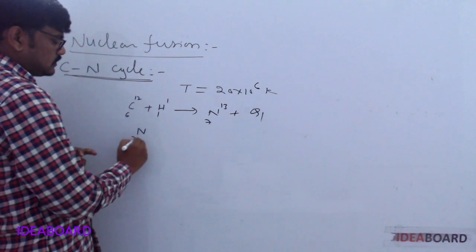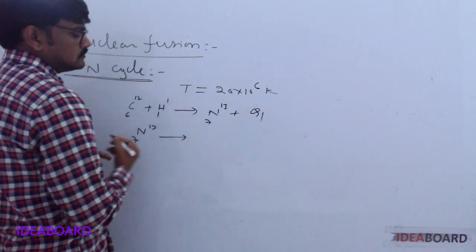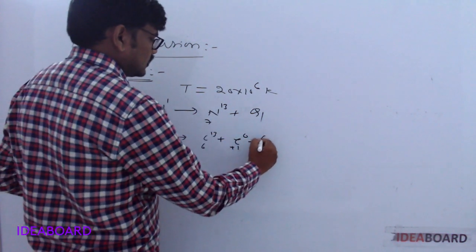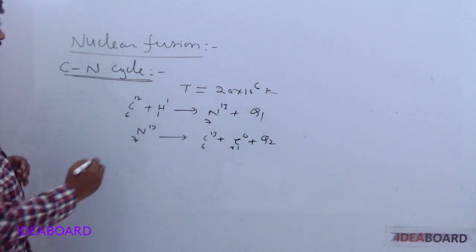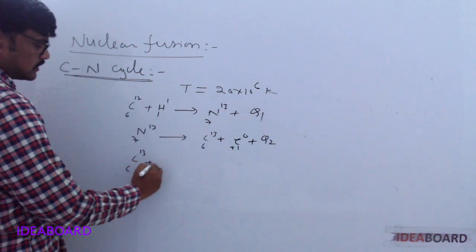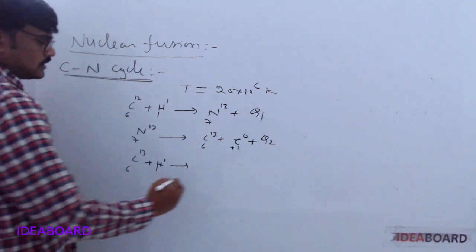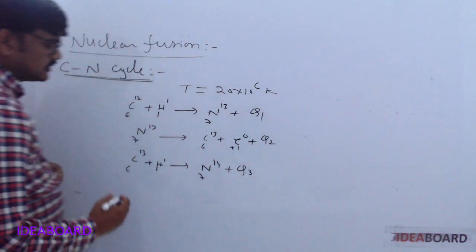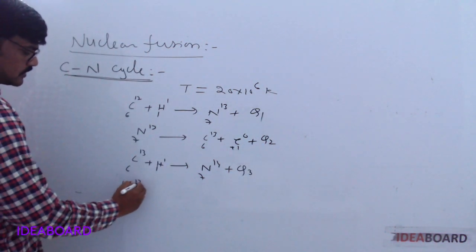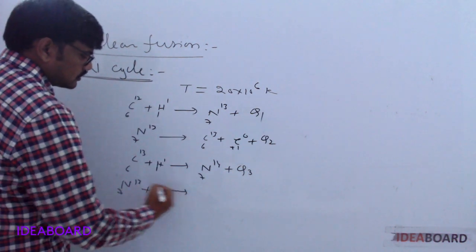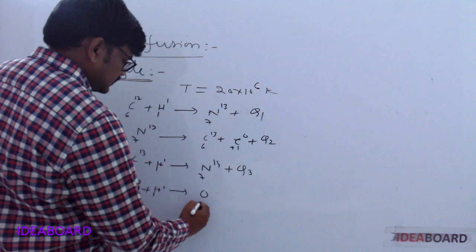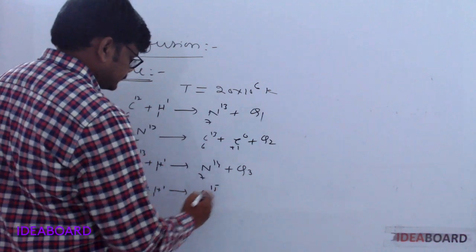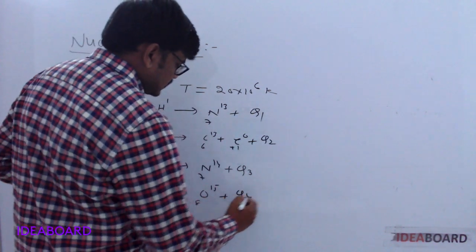Again nitrogen-13 becomes carbon-13 and release of one positron and some energy, we say Q2. Again carbon-13 combined with one more proton gives nitrogen-14 and release of some energy, we say Q3. Again nitrogen-14 combined with one more proton becomes oxygen-15 and release of some energy, we say Q4.